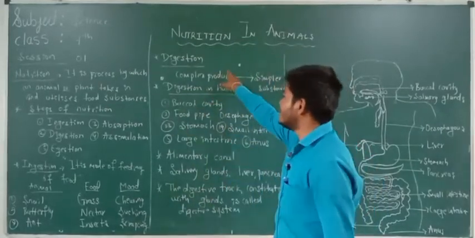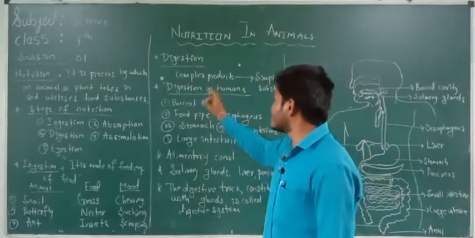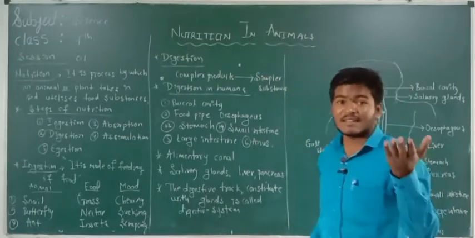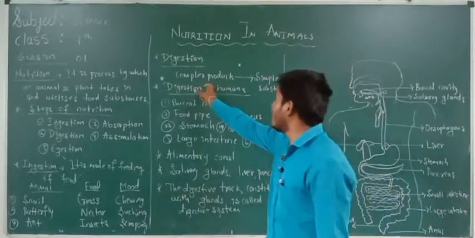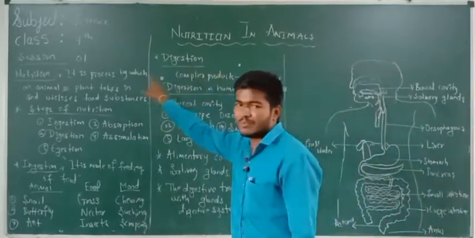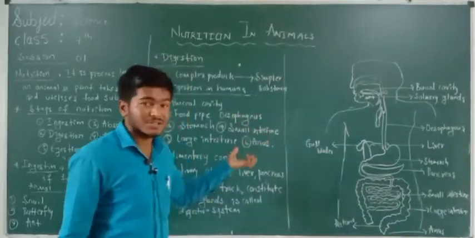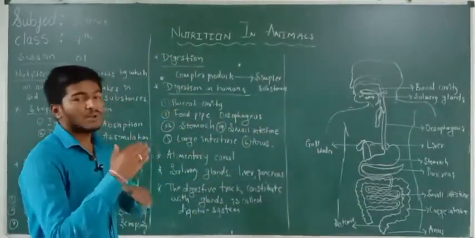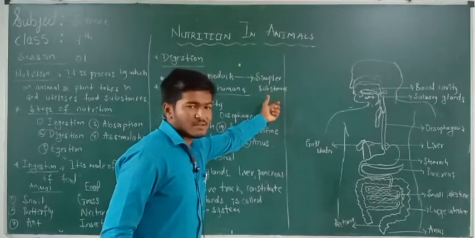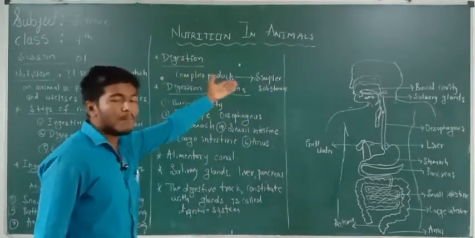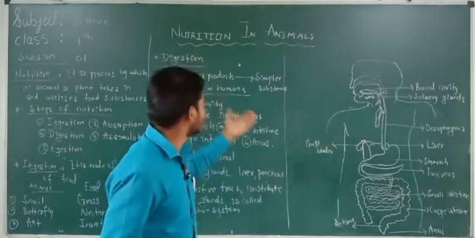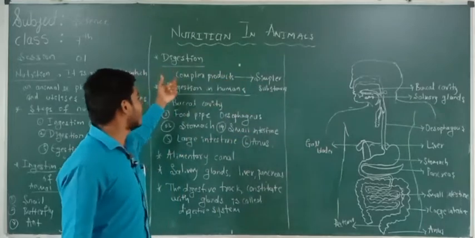Digestion is the process of breakdown of complex products of a food into simpler substances, because the food particles contain complex products.